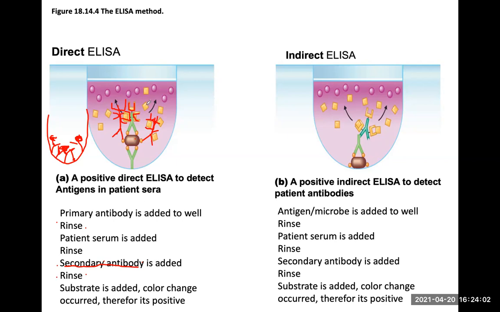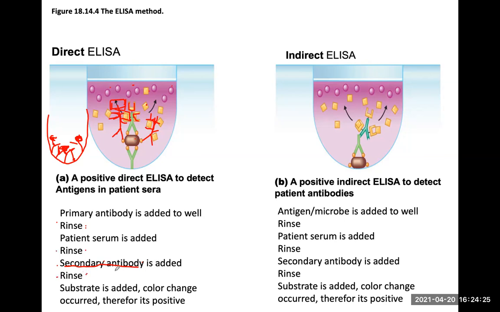And then you add the substrate, which are the boxes. And each of those boxes will then go into an active site on the antibody enzyme and produce this color. Okay, so again, you have a rinse between each step.